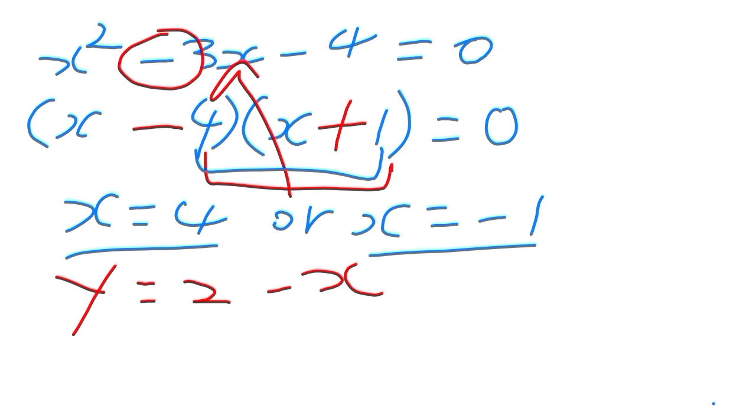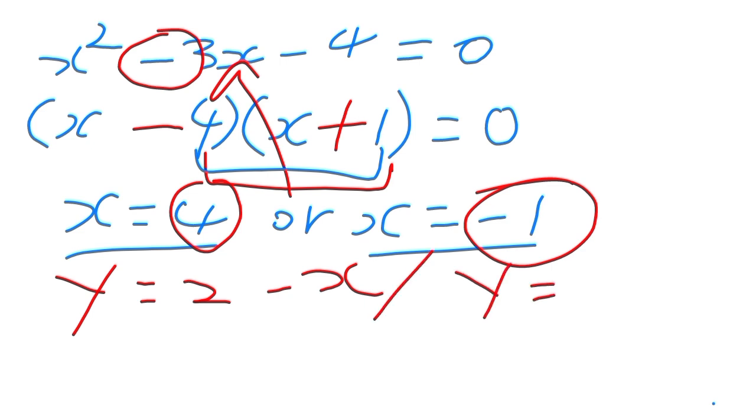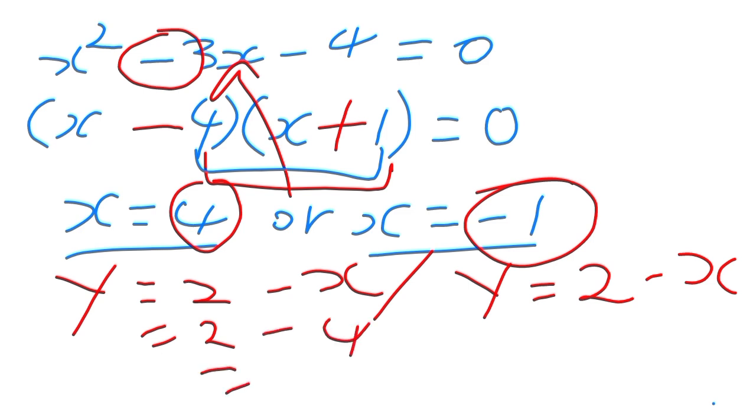So now where we see x, we're going to substitute either 4 or negative 1. So that's what is going to happen, good people. We start first with this side: y equal to 2 minus x, and also that side. So we just substitute here. 2 minus 4 is going to give us negative 2. On this side also, it is 2 minus negative 1.